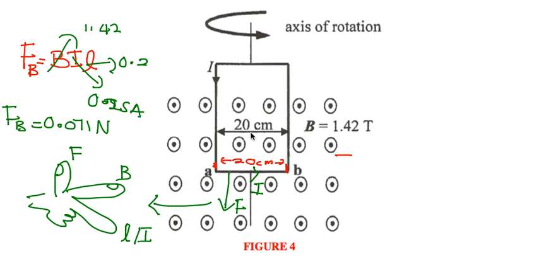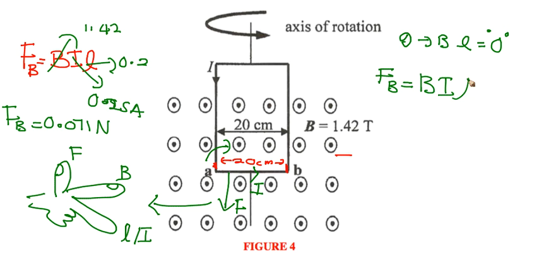Next, the question asks what happens when AB rotates upward, when the angle theta between B and L is equal to 0. The equation for the magnetic force on AB is given by BIL sine theta.